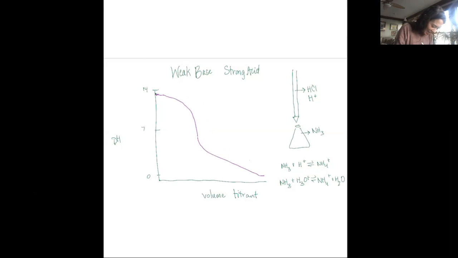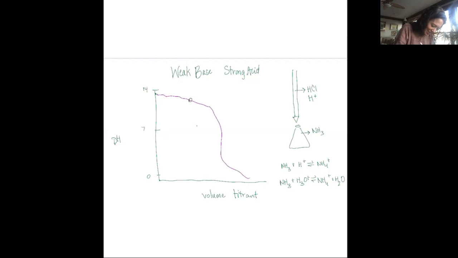Maybe I'll do it upside down. I can't draw the curve, y'all. Okay, whatever. I've got to go with it at this point.